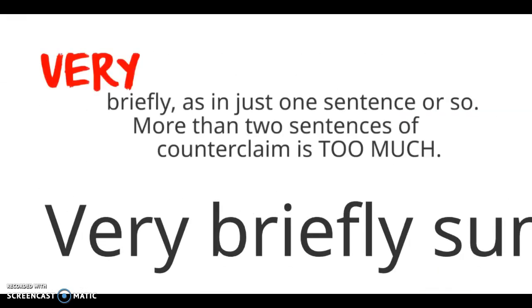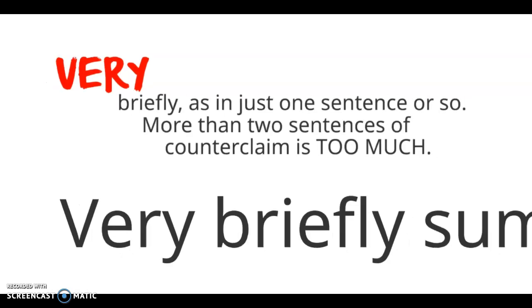And then when I say very briefly, it's just a sentence or so. If you have too much counterclaim, then you're spending too much on the other side. You want to acknowledge them, but you don't want to end up convincing your reader that they're right. You want to stay very brief in mentioning their claim.